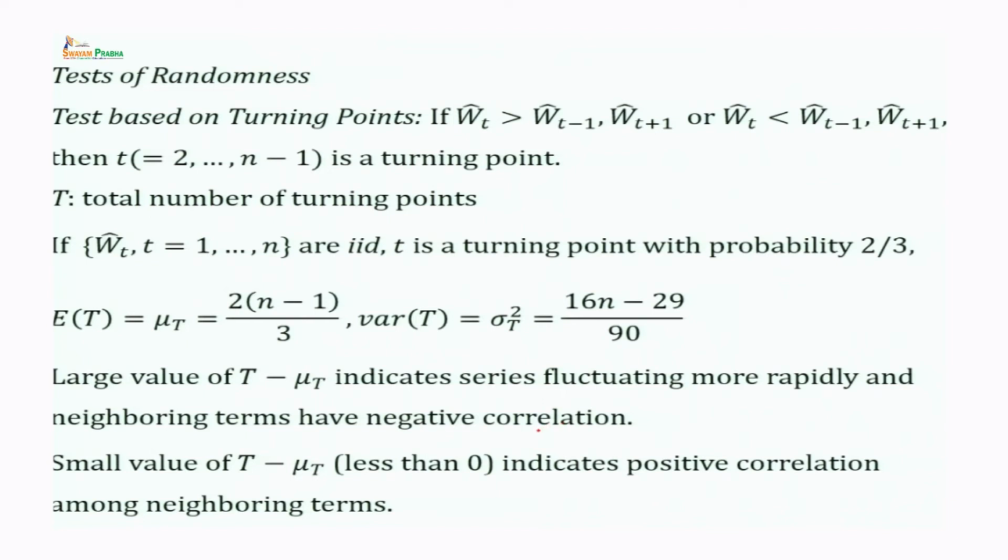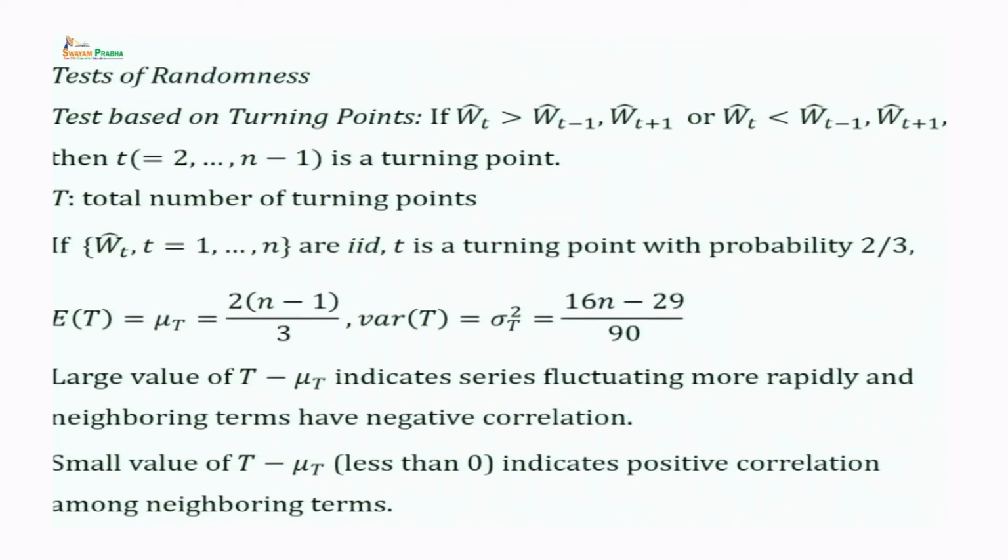Negative correlation, why? It is fluctuating more rapidly between plus and minus. For the usual random series, of course, you will get some fluctuations, but for this series, since you are getting more fluctuations, it means you have more turning points.